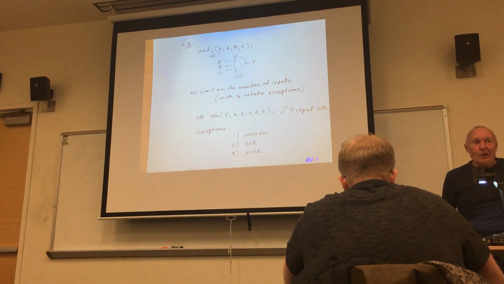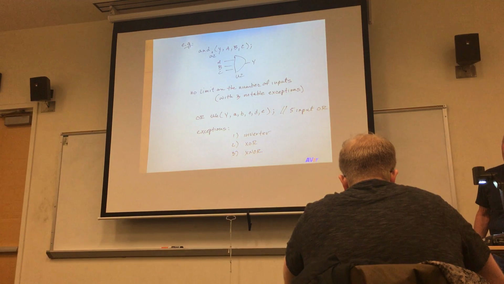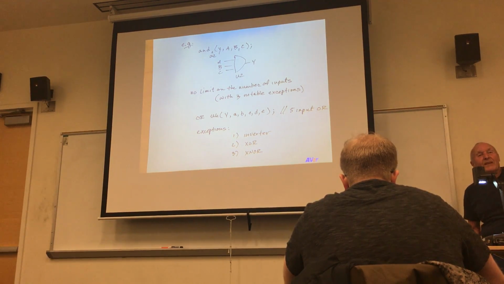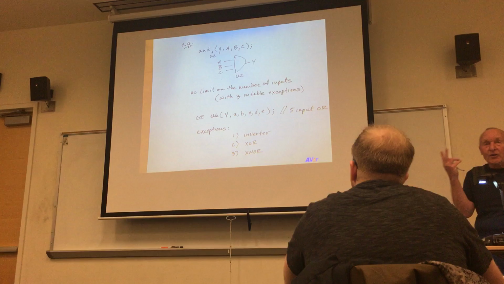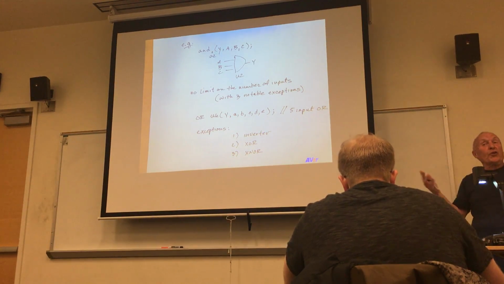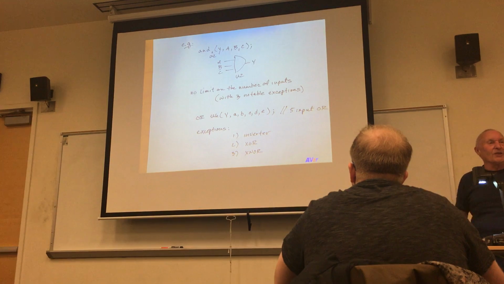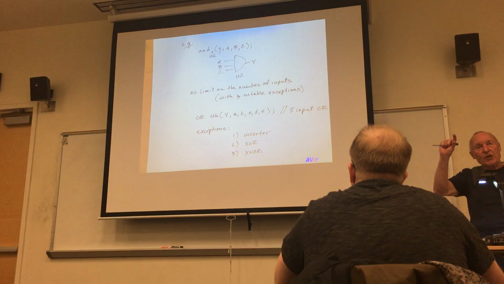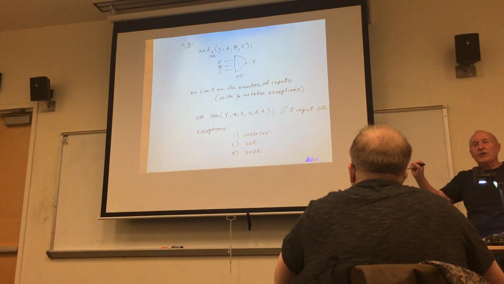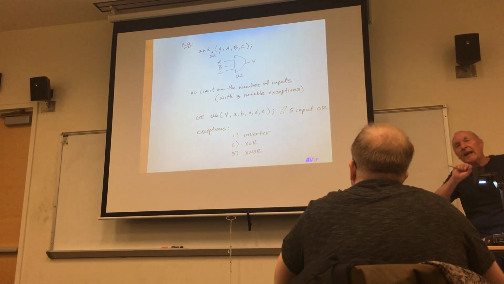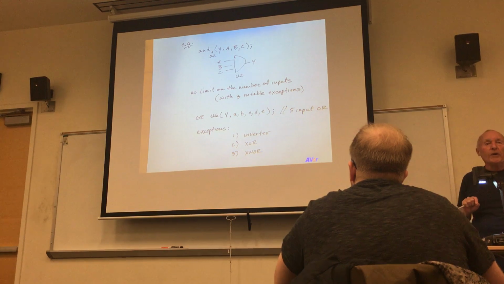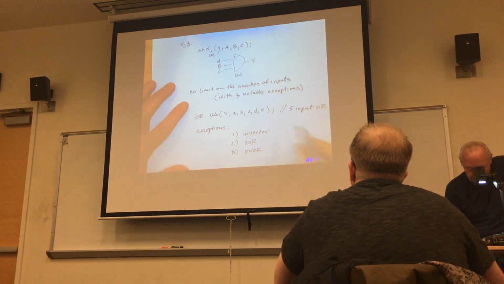There ain't no such thing as a 3-input exclusive OR gate. Exclusive OR gates are only 2 input. Now you could exclusive OR 3 variables, but not in a single gate. You could exclusive OR the first 2, take the output of that, go into a second exclusive OR gate, and then exclusive OR the third variable. But these are only available as 2 input.